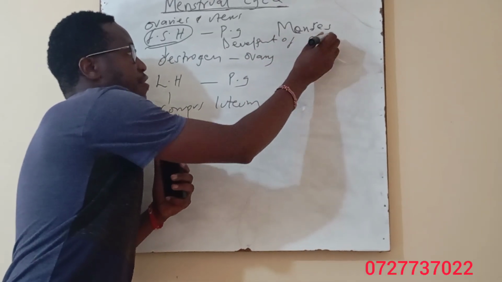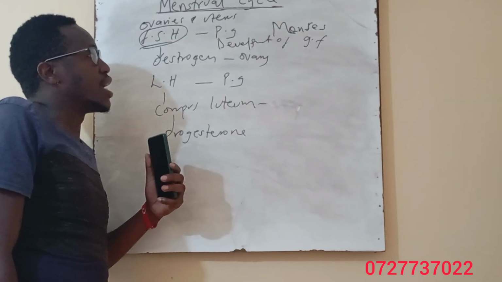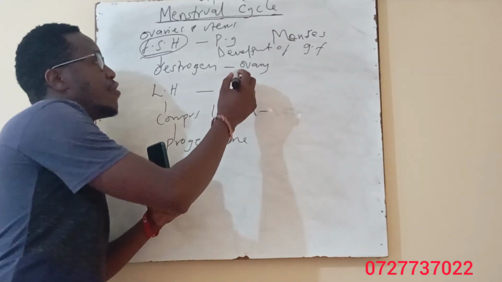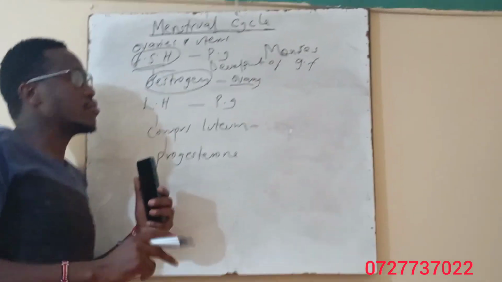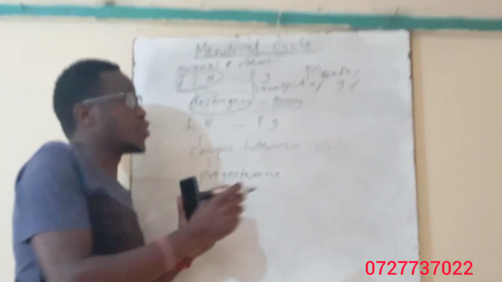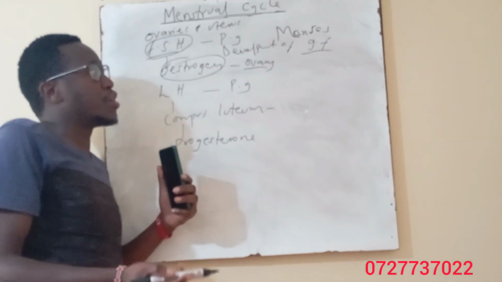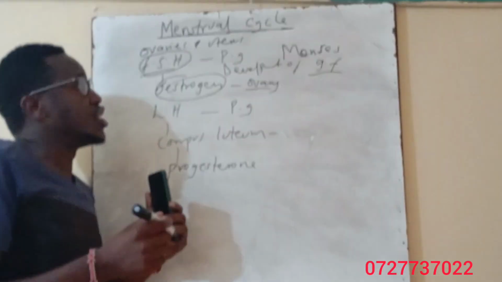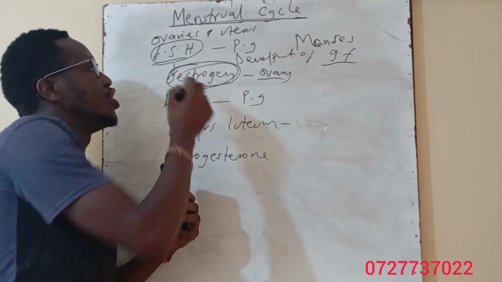The first effect is that it causes the development of the Graafian follicle. Another one, it stimulates the tissues of the ovaries to release another hormone known as estrogen.